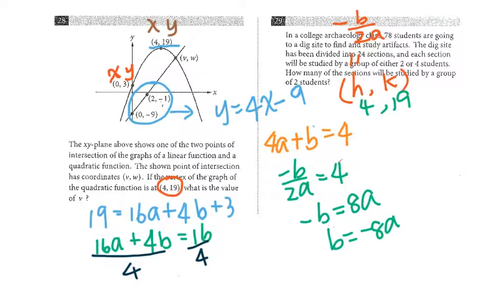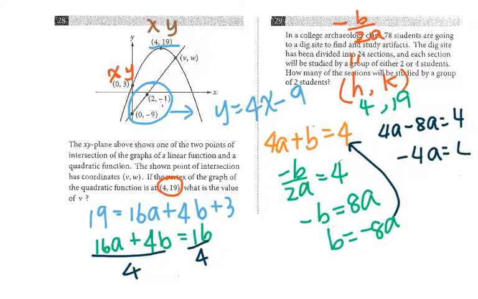Now I plug into this equation by substitution. You will get 4a minus 8a equals 4. So we get negative 4a equals 4. Divided by negative 4, a equals negative 1. Then b, you will get positive 8.